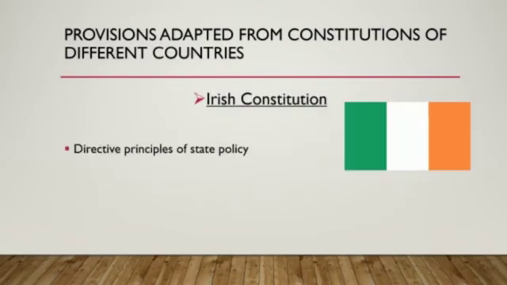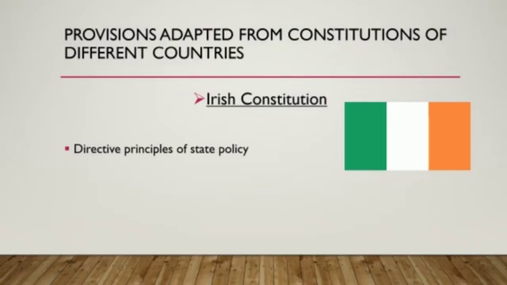The next provision is taken from the Irish Constitution: Directive Principles of State Policy. You are quite familiar with the term. It means guidelines or principles given to the federal institutions governing the state of India to be kept in consideration while framing laws and policies.